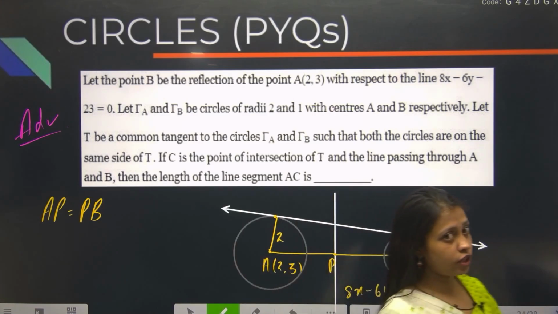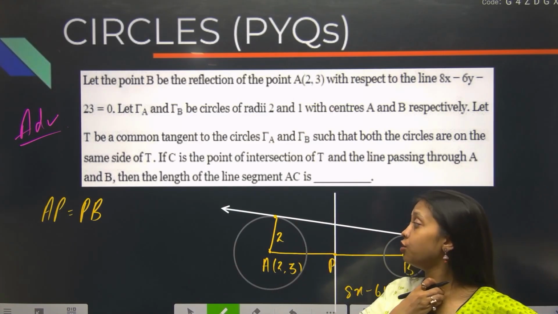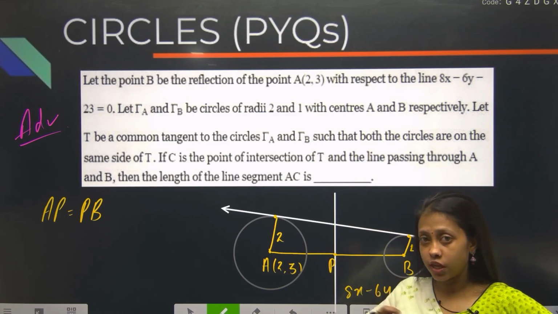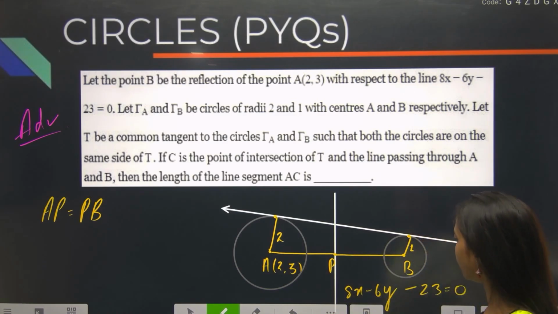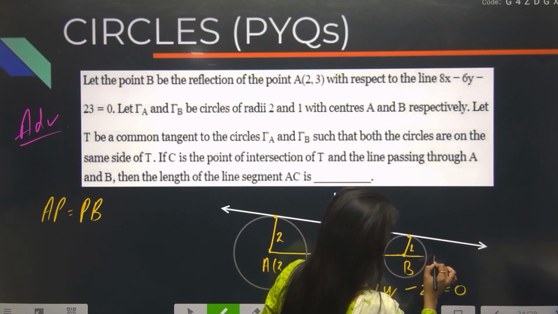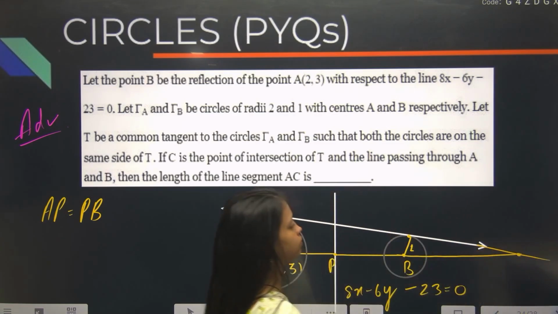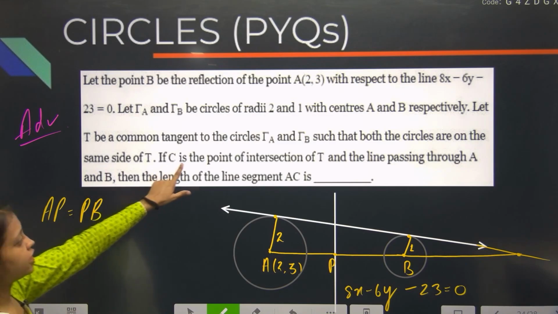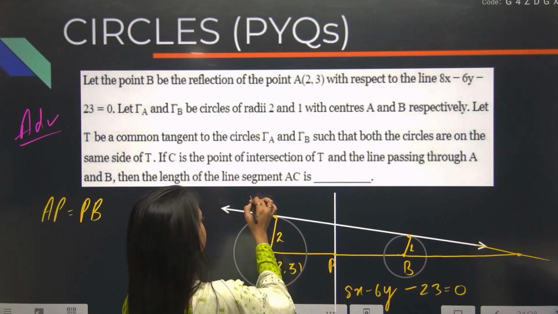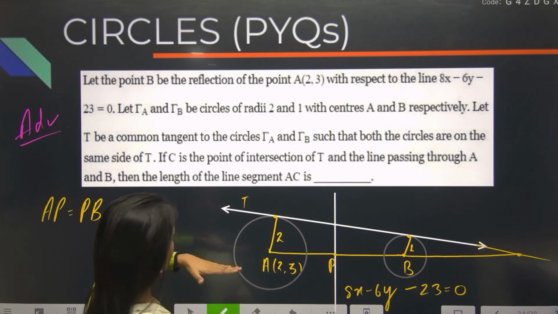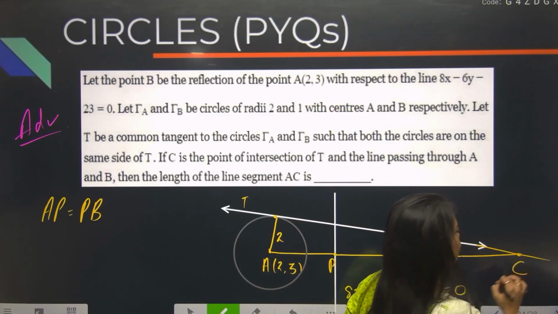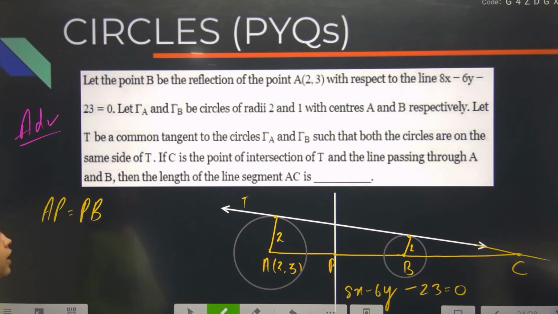Even in the derivation of these formulas related to circles, we have done this. So what you can do is just extend this line. There will definitely be an intersection. If C is the point of intersection of this line T and the line passing through AB, so this point is C, then the length of AC.